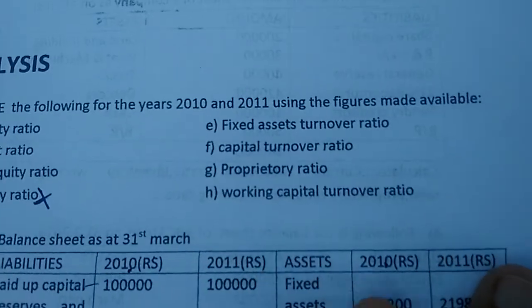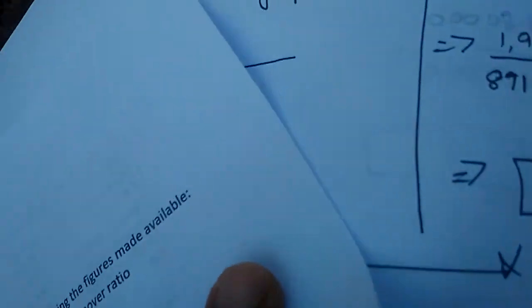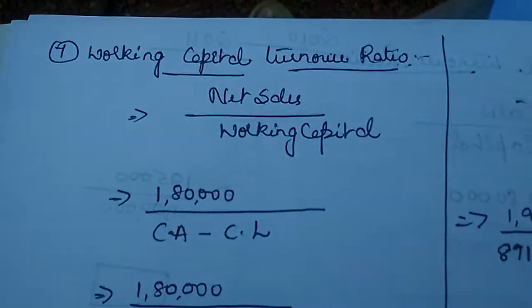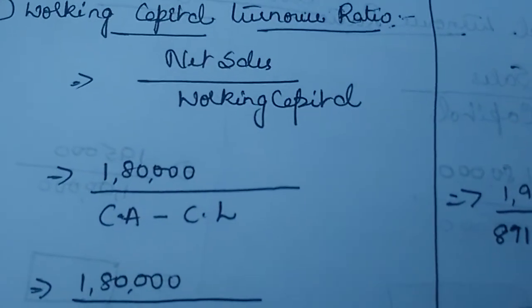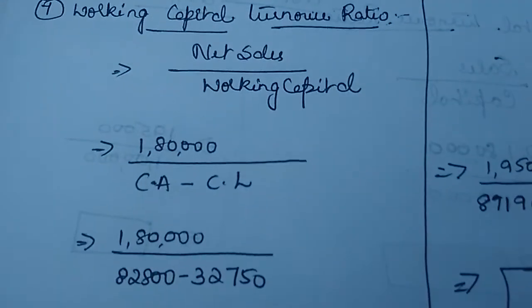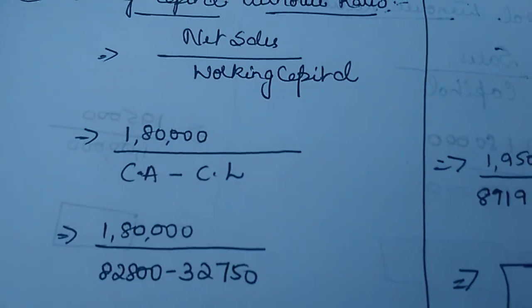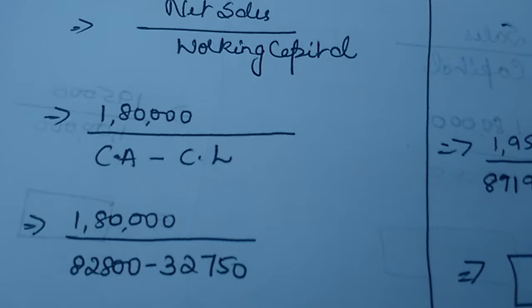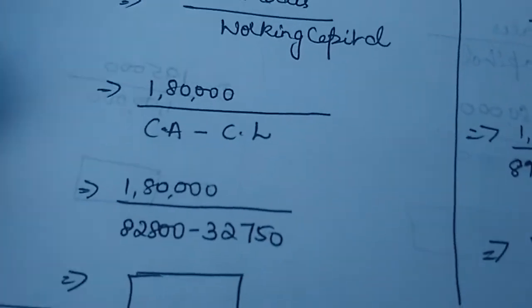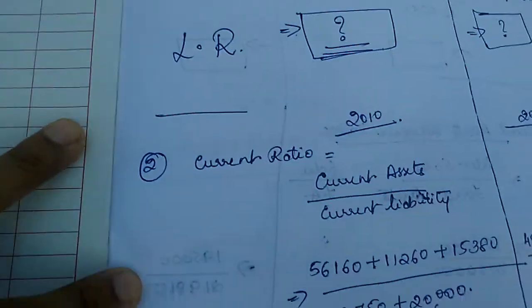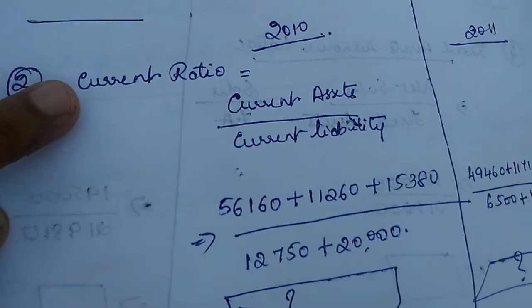Last, working capital turnover ratio. Turnover means sales divided by working capital. 1,80,000 sales for 2010. Working capital is current assets minus current liability. Current assets in my second formula you have already calculated, if you remember. Current assets I have given.